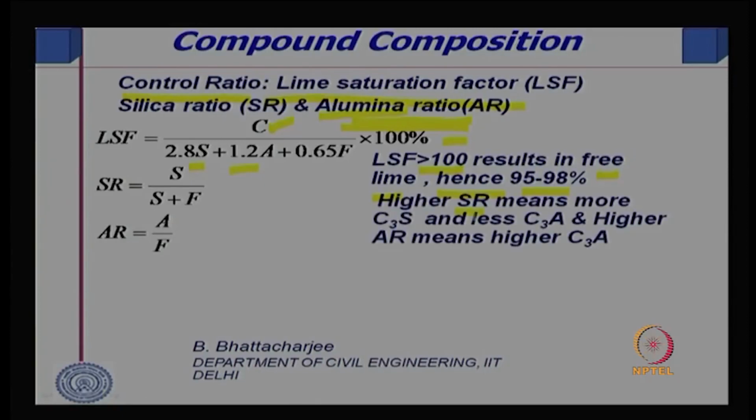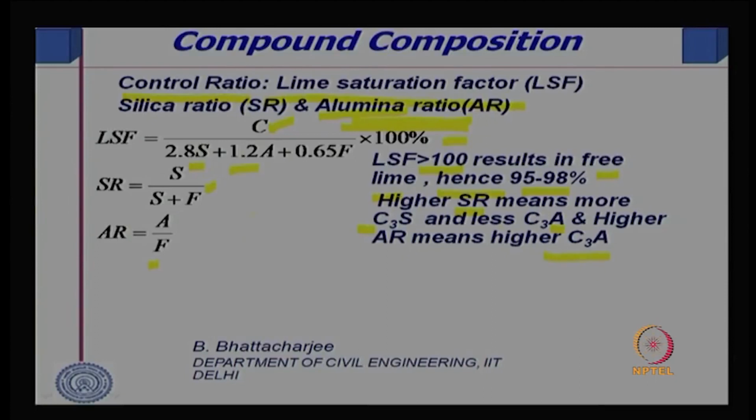Higher silica ratio means more C3S. So, higher silica ratio means more C3S, less C3A and obviously less C2S as well, as we shall see. Higher alumina ratio means higher C3A.